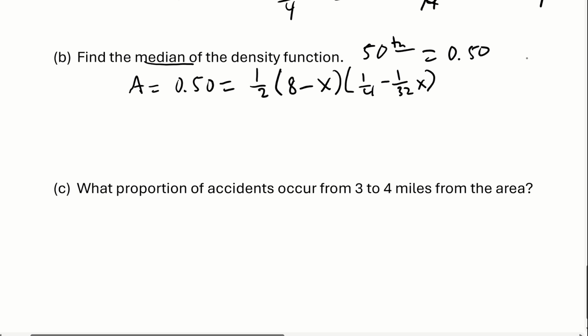So now I'm going to get rid of this 2 by multiplying both sides by 2, and that turns that into 1.